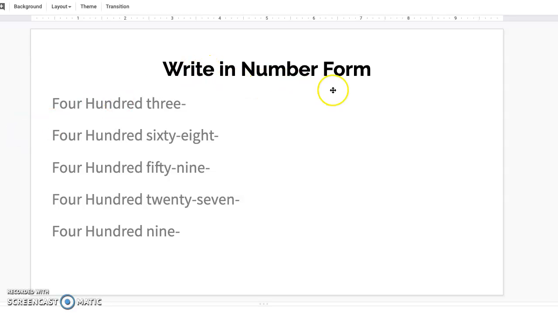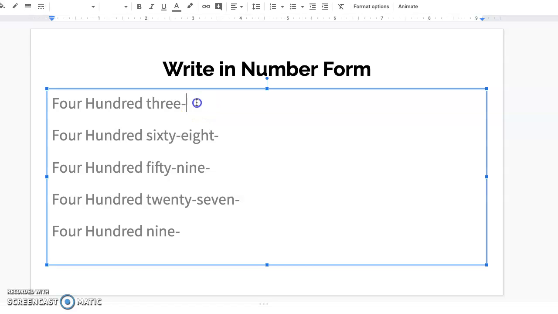Right? Let's write these in number form. We have 403: 400, no tens, and then 3 in the ones place.